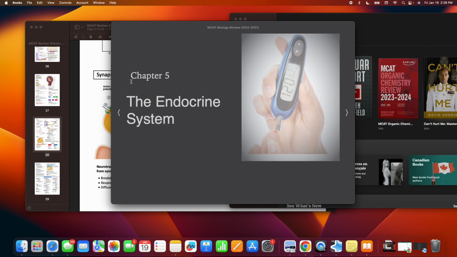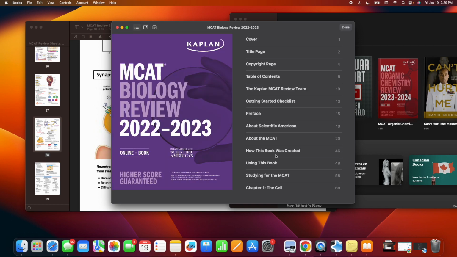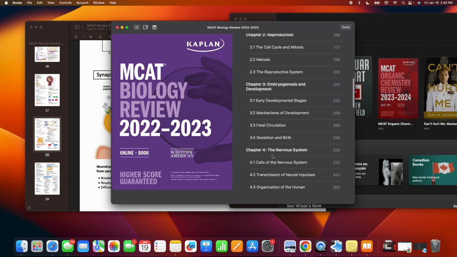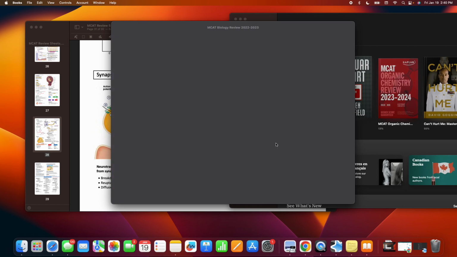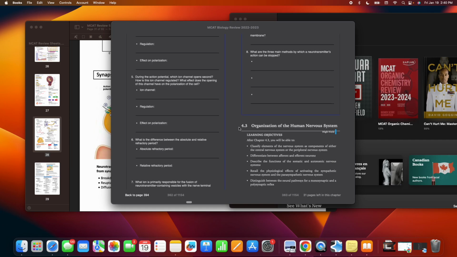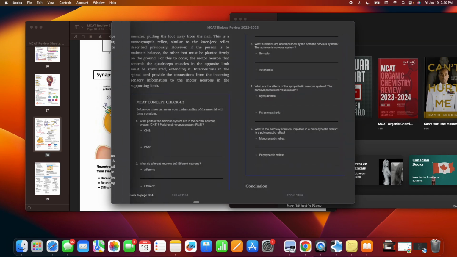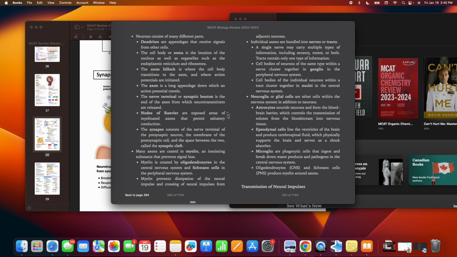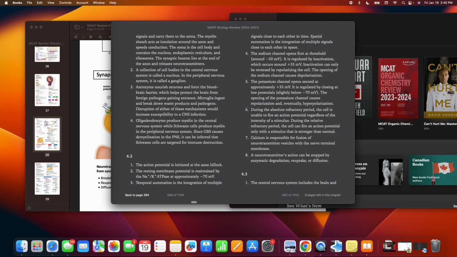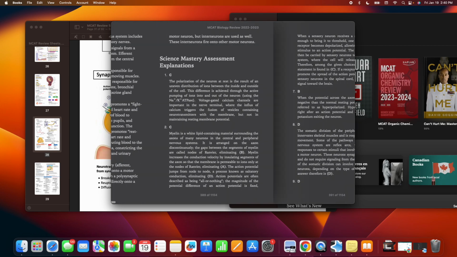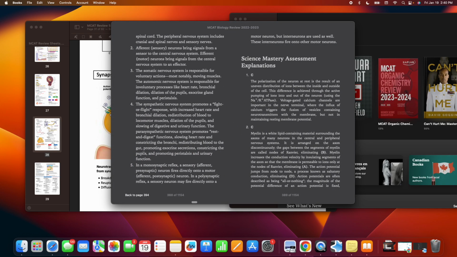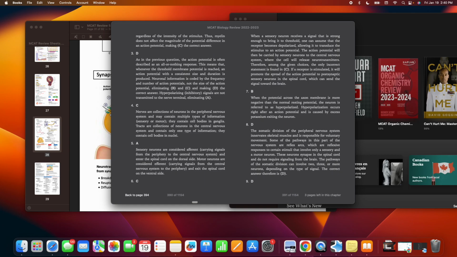Let's be patient, everything's going to be all right. Our time is at the expense of technological glitch, so don't worry about it. Okay, amazing.